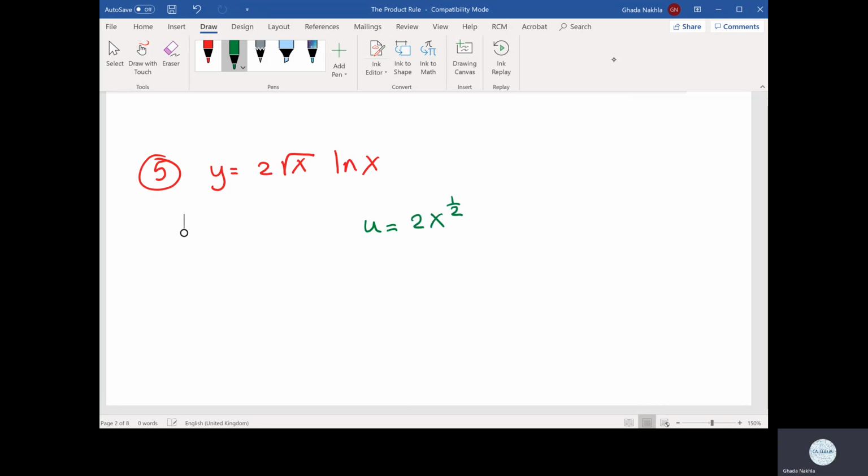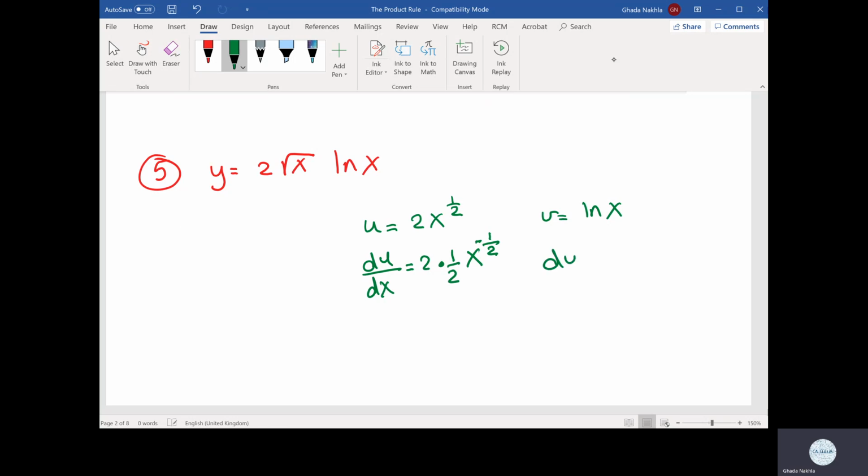Let v equals ln x. du by dx is equal to 2 multiplied by, drop the power, which is a half, x, and then decrease the power by 1, and we've done that earlier on one of the examples. It becomes minus a half.